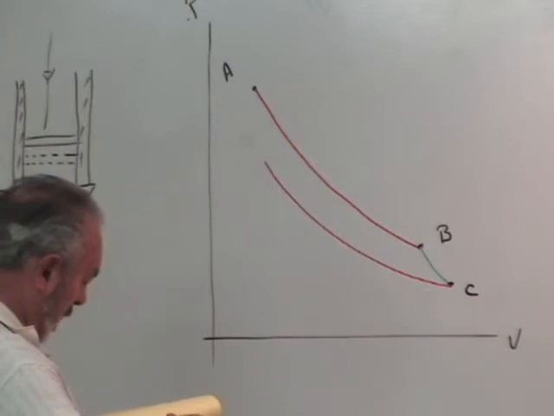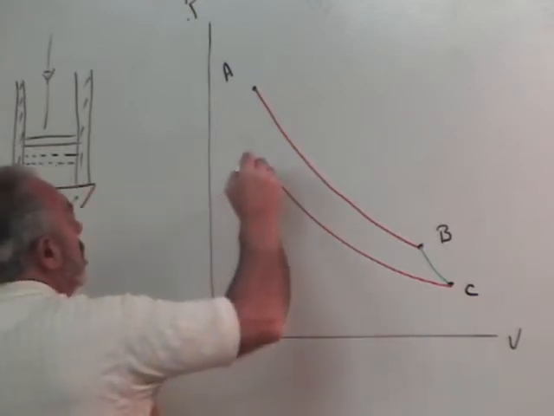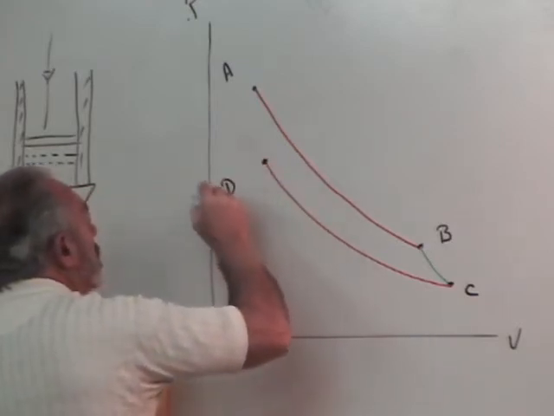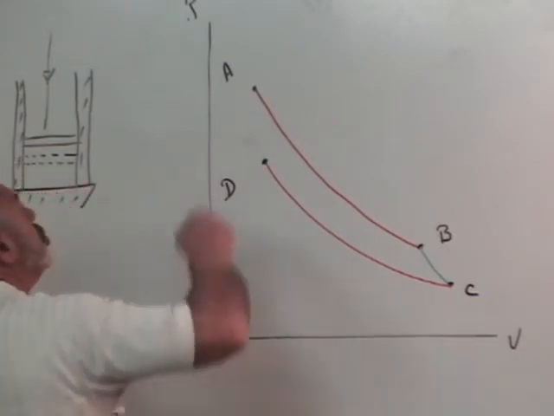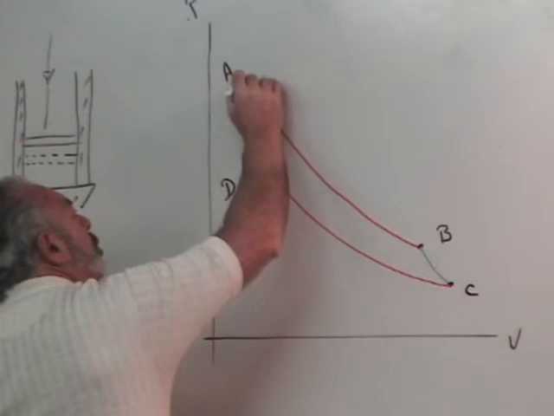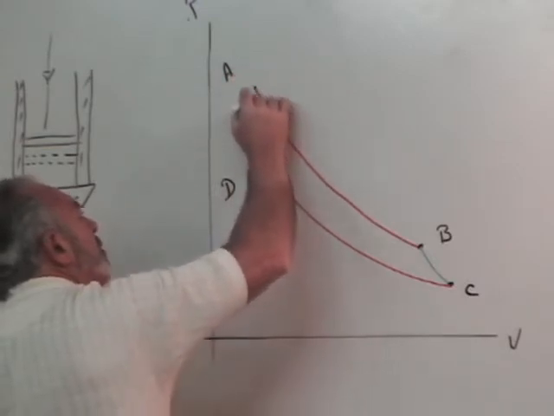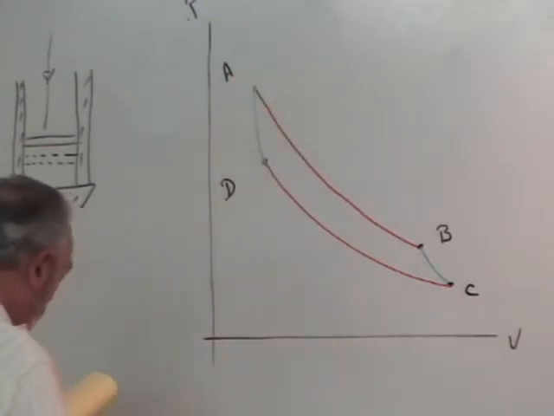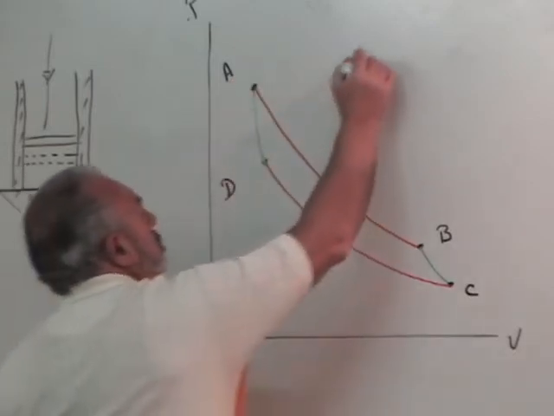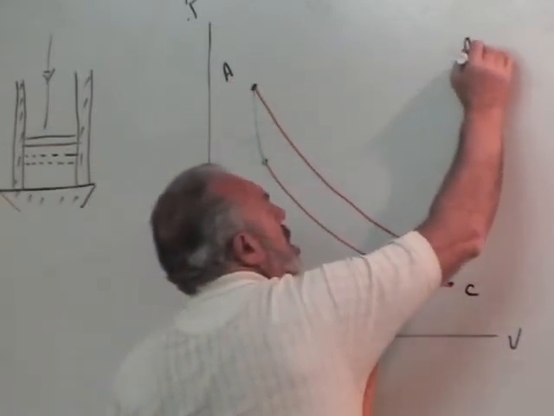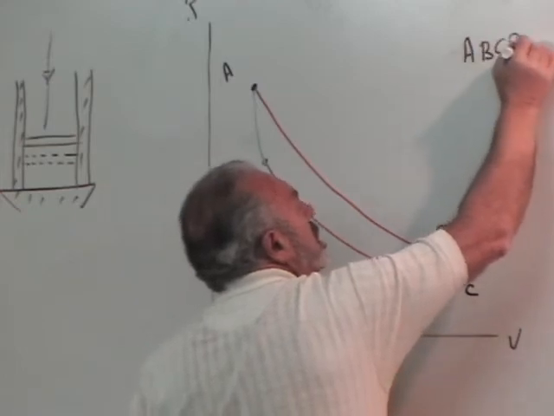And we have to select position D so that it is on a common adiabat with position A. So we want to do this process A, B, C, D, A.